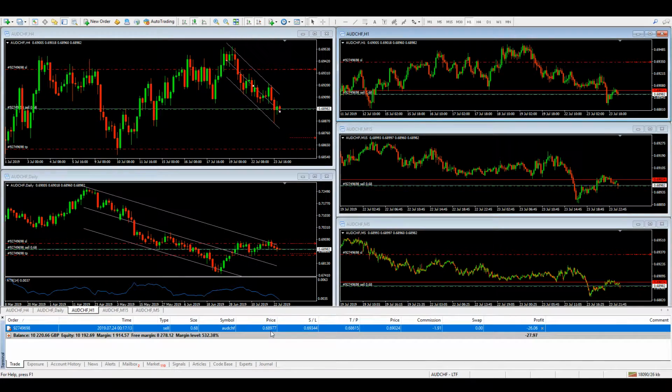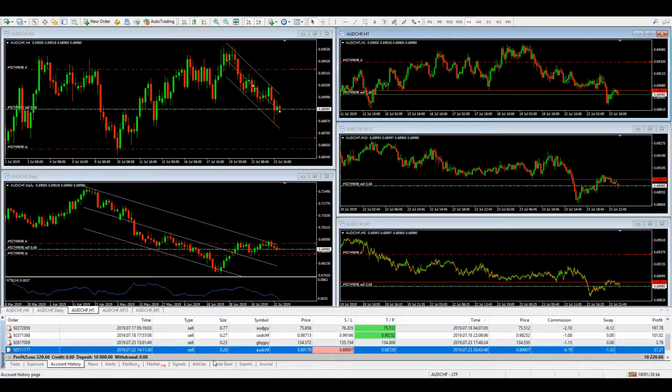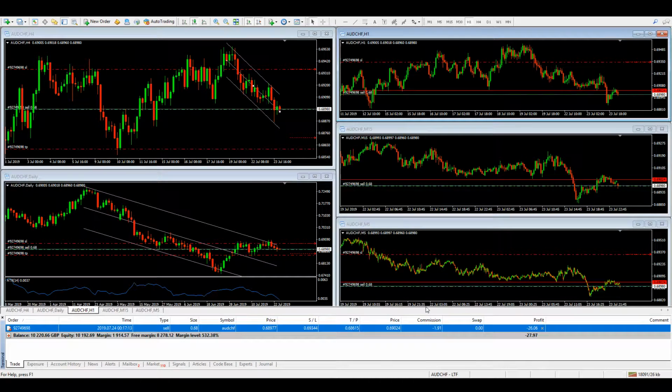My entry is slightly less, but I'm actually taking a bigger position. You can see the size here is 0.68, whereas on my previous position it was 0.28. I am doing double what the initial one is because there are more things that seem to be in favor here.